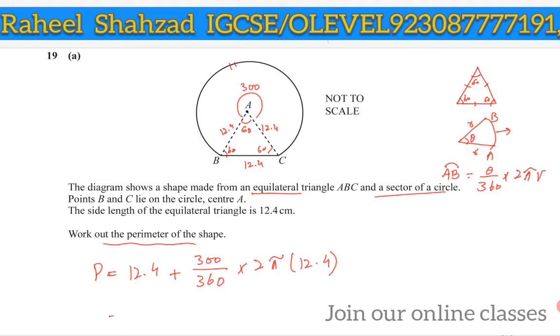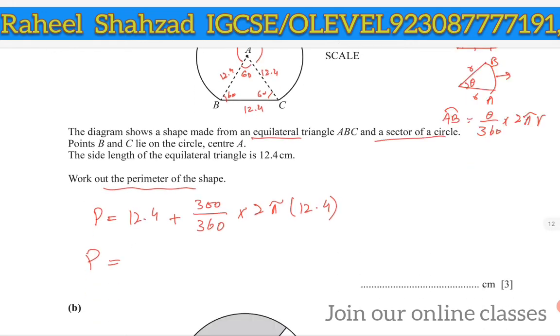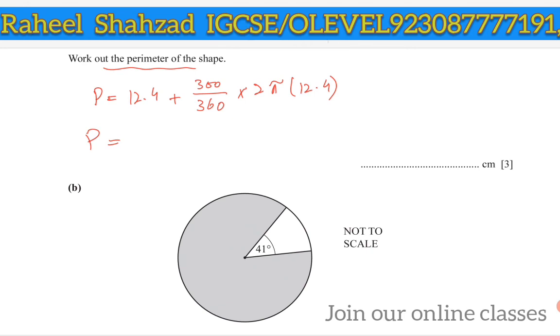Okay, now we put the whole thing in the calculator to find out this value. So it is 12.4 plus 300 divided by 360 into 2 into pi into 12.4.